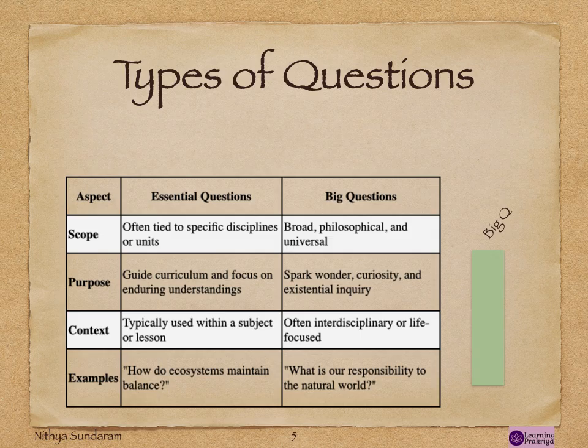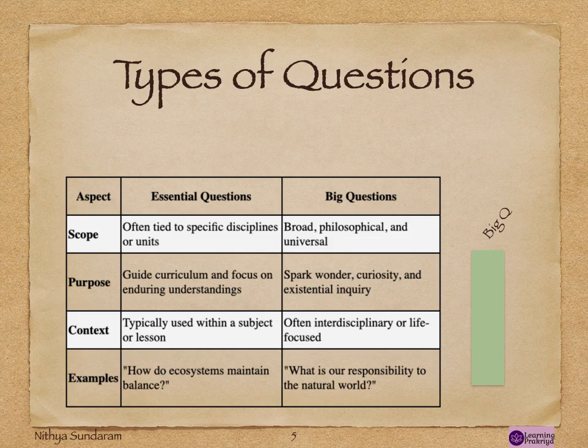So you can't expect students to opt for them, but there may be one or two bright sparks who are in a position to do it. And the context where we use essential questions is basically within the lesson, within the subject, whereas big questions often become interdisciplinary and they focus on life at large. Here we have some examples.